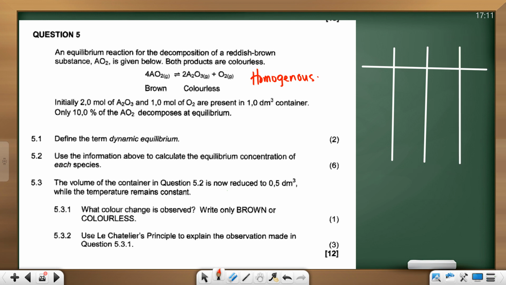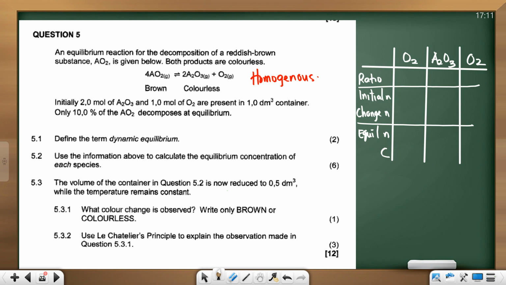Don't say rice so that they can eat and give me marks. It is ratio. Initial number of moles. The change in number of moles. Okay. Equilibrium, number of moles, and concentration. What do we have here? Oxygen, A2O3, and O2. What's my ratio? 4, 2, and 1. Remember, I am just setting up the table.